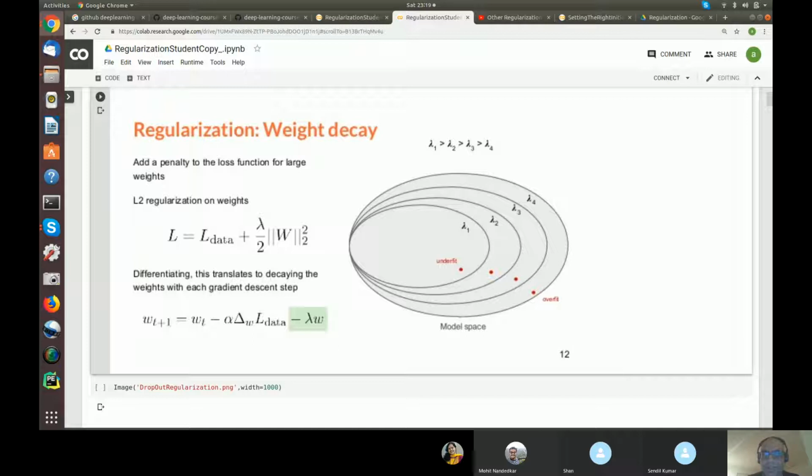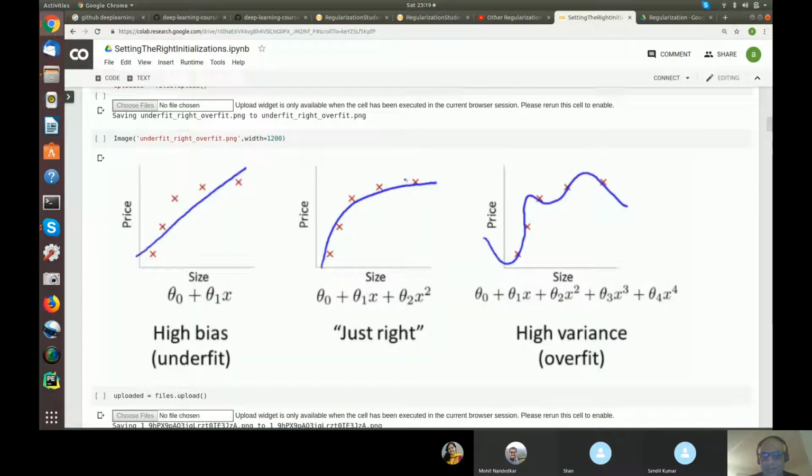So when a model has too much capacity, it has too much power, then it can overfit the data. Like in this extreme right case, it's fitting every data point.